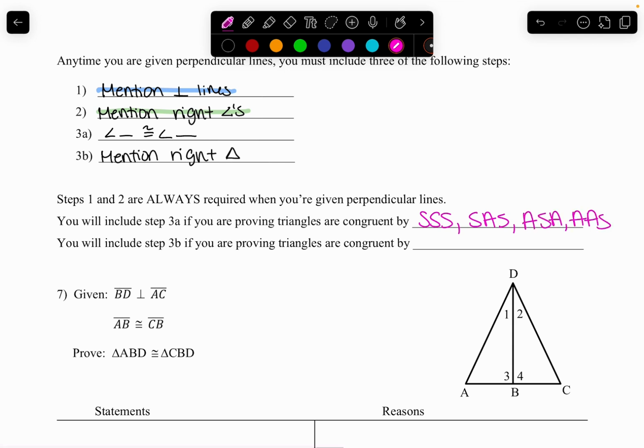So if I am proving my triangles are congruent by any method other than hypotenuse leg, I'm going to have that first number 3 option, 3A. If I end up proving my triangles are congruent by hypotenuse leg, then I do not need 3A, and instead I'm only going to need option 3B.